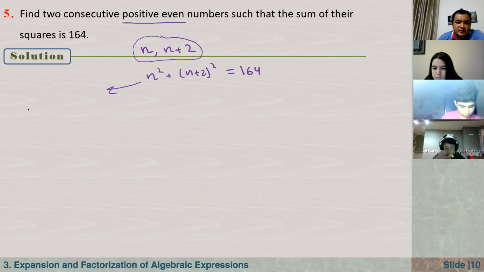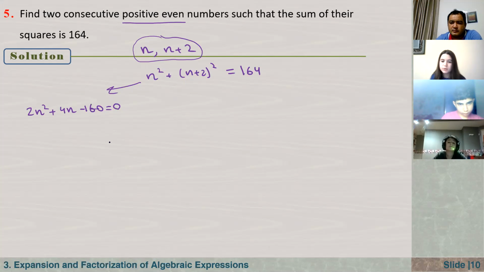Can't we put the n squared also inside of the brackets? What do you mean? It's already n squared and there's another square, so we can put it inside the brackets and make the square go up too. So it will be n plus n, which is 2n plus 2 in brackets squared, equals 164.